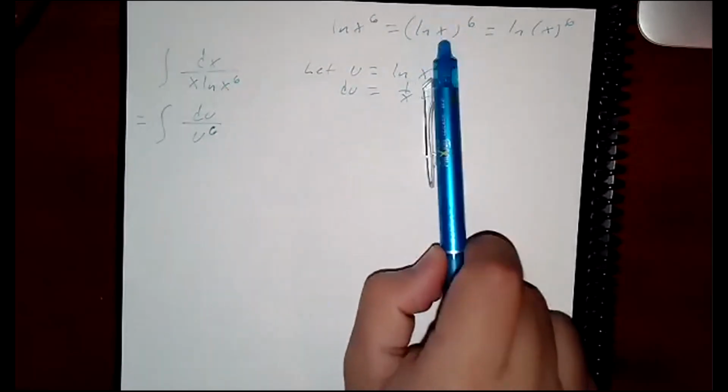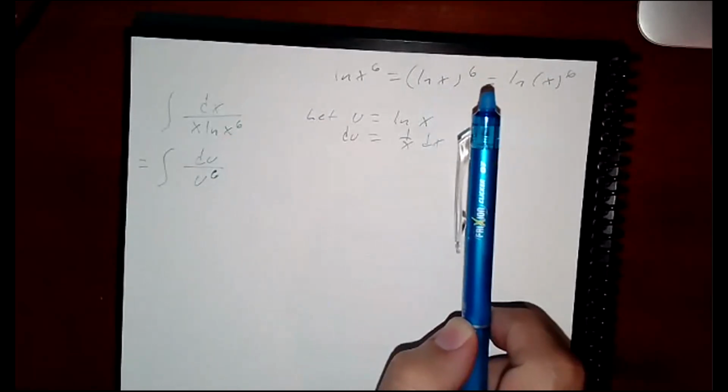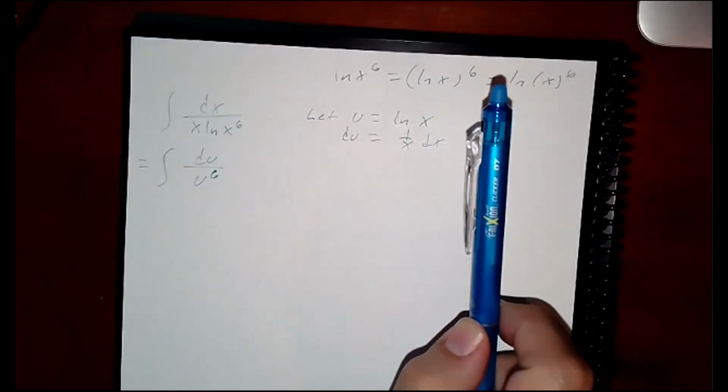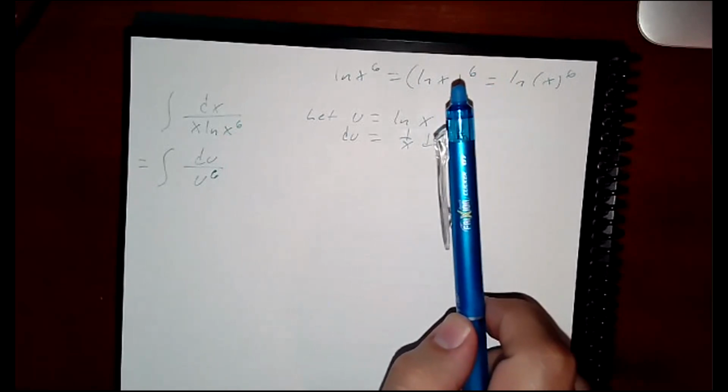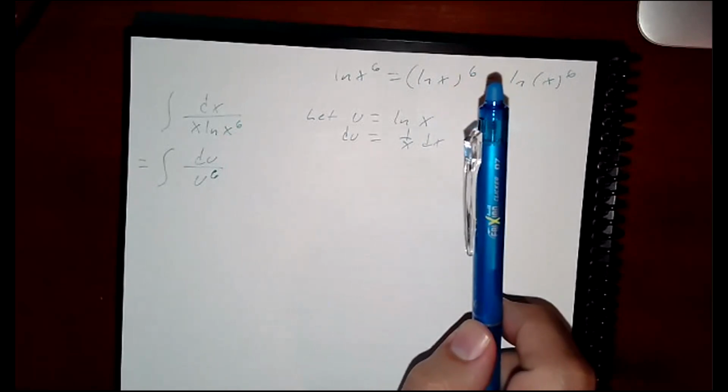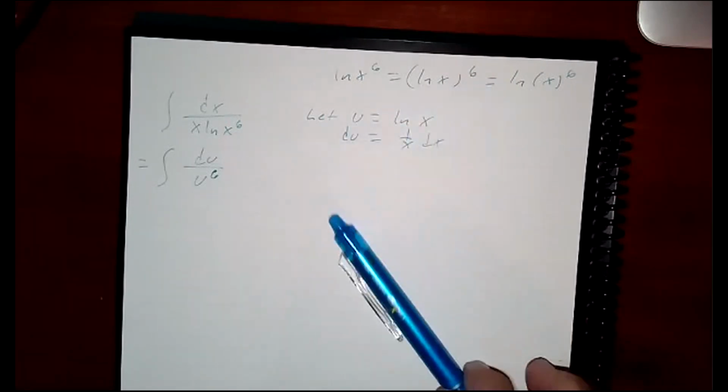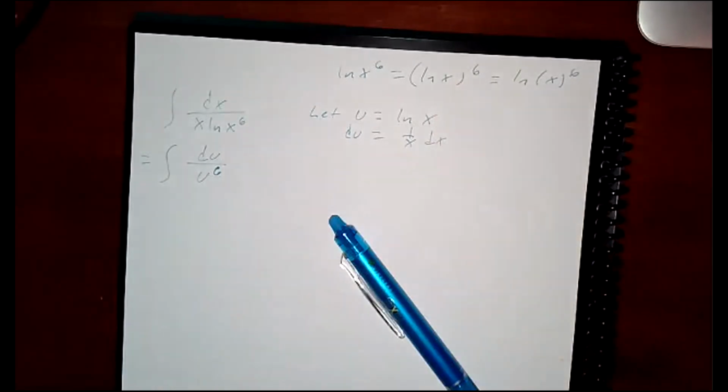Oh, the middle one? Yeah, that's the way I was getting it wrong on the homework, because I thought it was the other way, like ln of x to the power of 6, but it's ln x to the power of 6. So if it's this way, then the sub should be good.